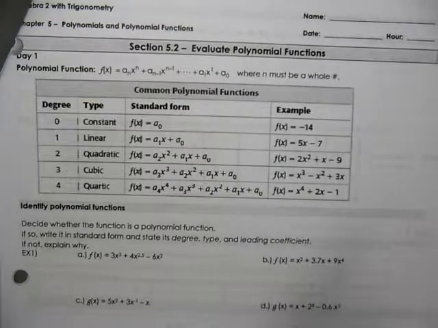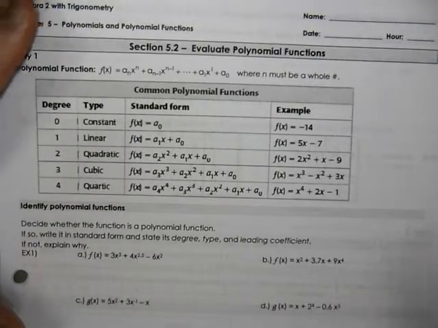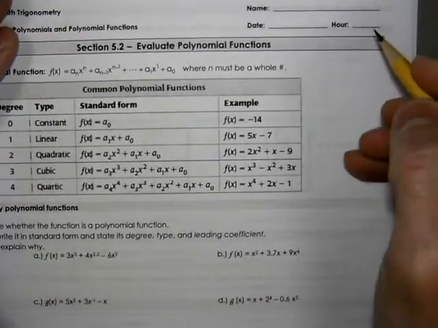When we look at a polynomial, there are some characteristics that are going to make it essentially a polynomial or not.